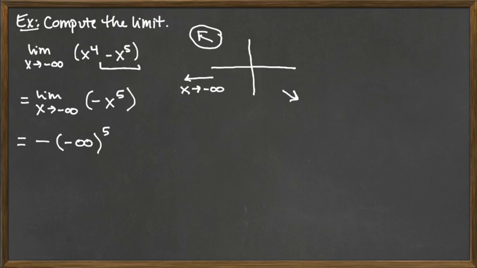Well, a negative to an odd power would remain negative. So we would really be looking at a negative times a negative infinity, which would be positive infinity. But we got that graphically, and it's actually probably a bit cleaner to think about it graphically by looking at this arrow that we circled here too.